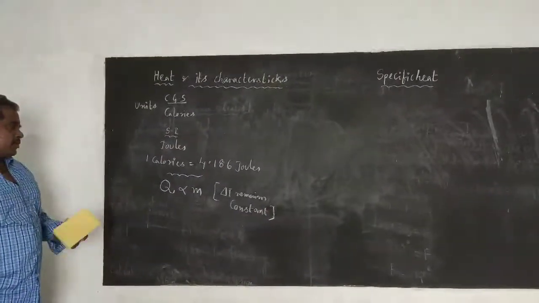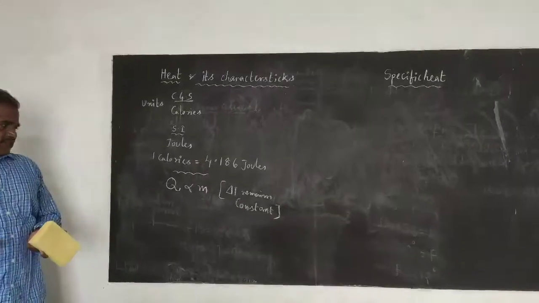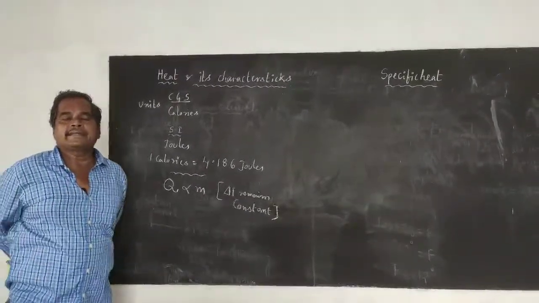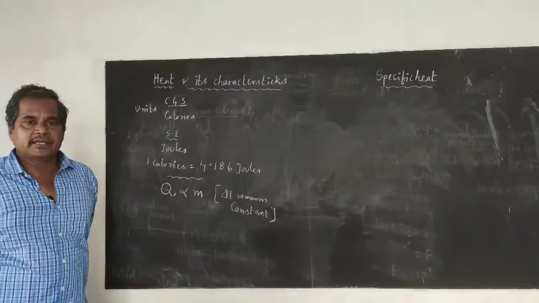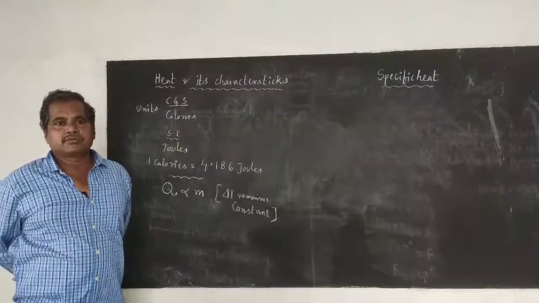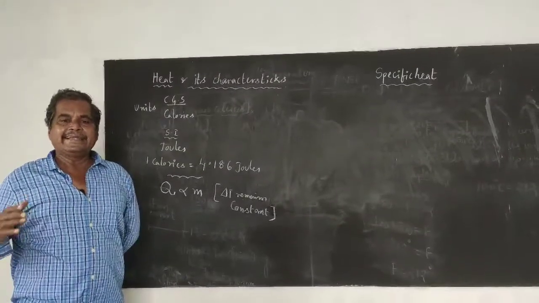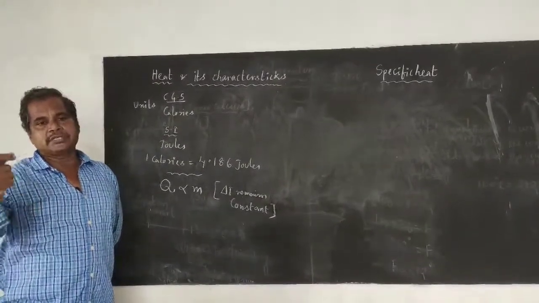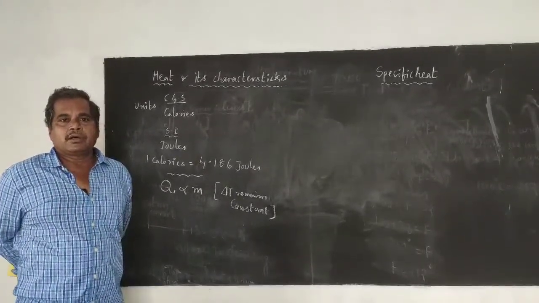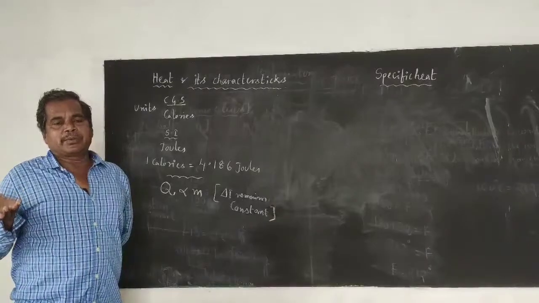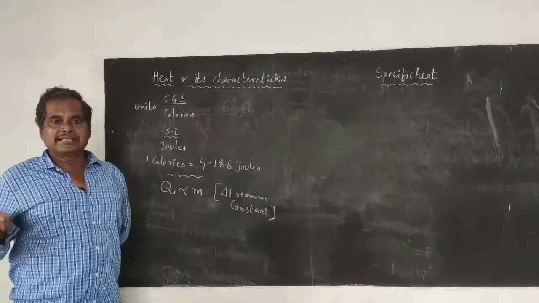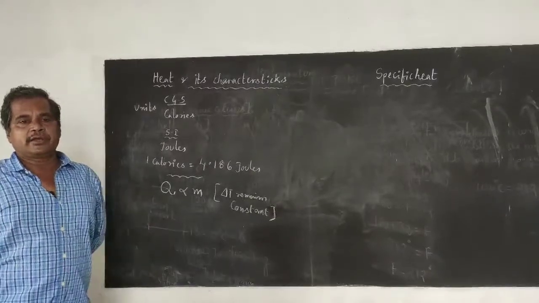Now we are going to do another activity. In this activity we take 1 liter of water in a beaker. By applying a heat source, we supply heat energy continuously to the beaker, and we observe the increase of temperature in that water at regular intervals of time.